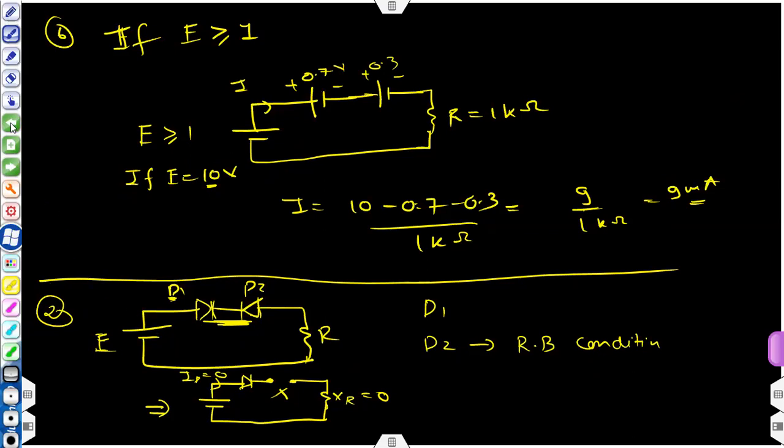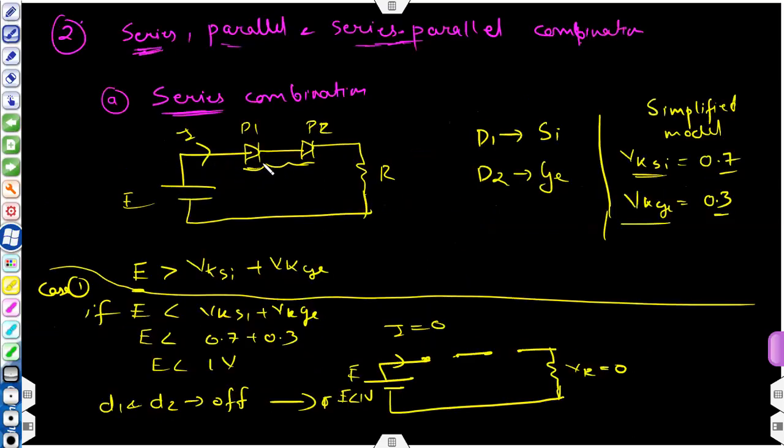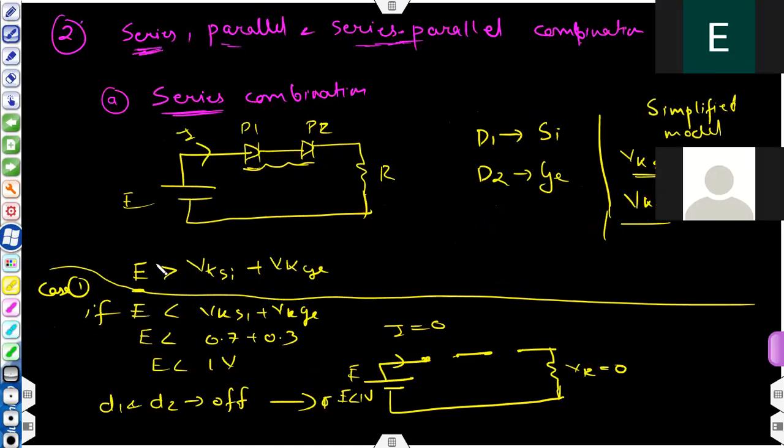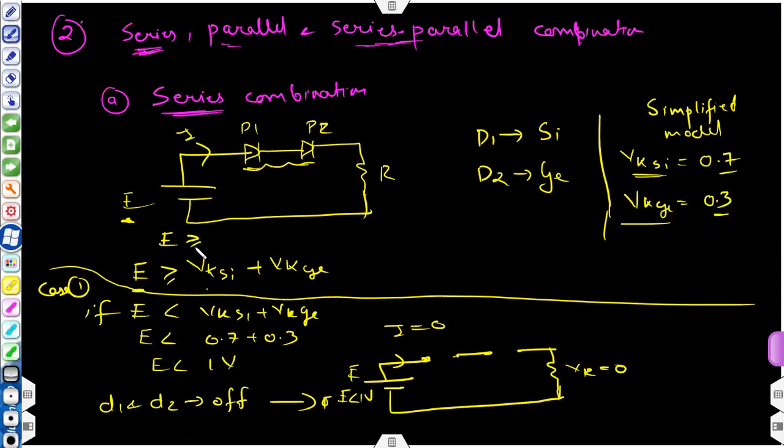And the second thing is that if these are in series in the same direction, D1 and D2, or you can have multiple diodes as well. I have just shown you two diodes. This E should be at least greater than or equal to VK D1 plus VK D2 to turn diodes D1 and D2 on.